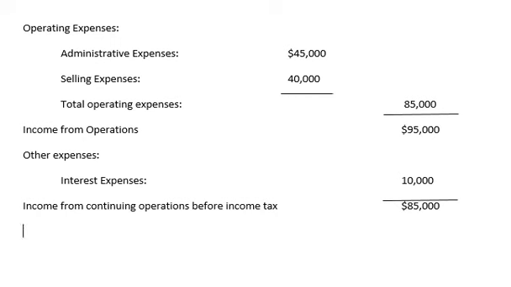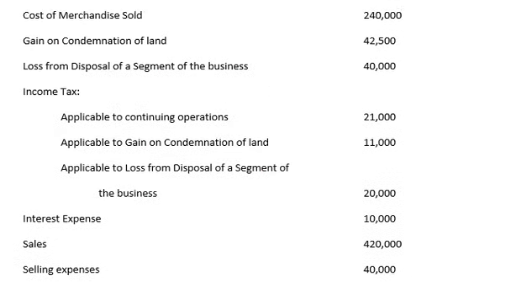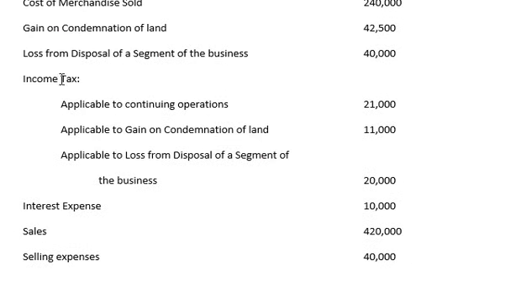After we get income from continuing operations before income tax, we need to have income tax expense. For income tax, we have the amount applicable to continuing operations.